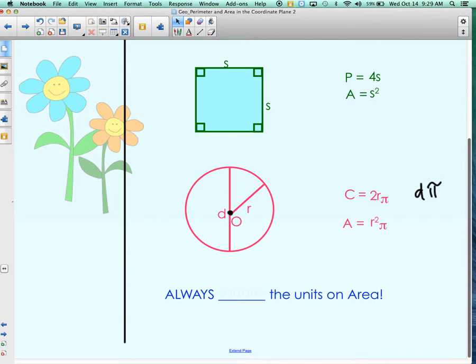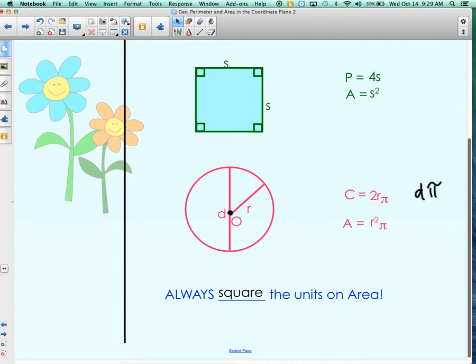So those are our formulas. Always, always, always square your units when you're talking about area. With perimeter, you would have whatever number of units. With area, you have units squared.